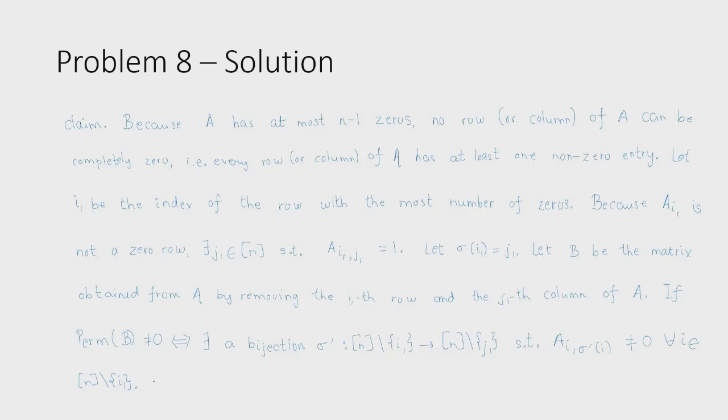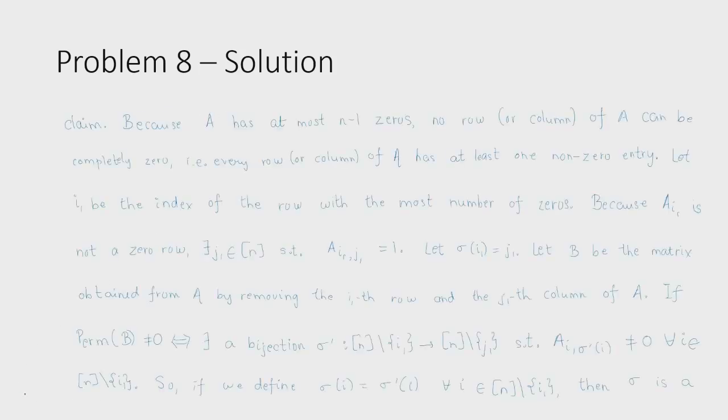Now, if we define sigma I equal to sigma prime I for all I in n minus I1, then sigma is a valid permutation on n.